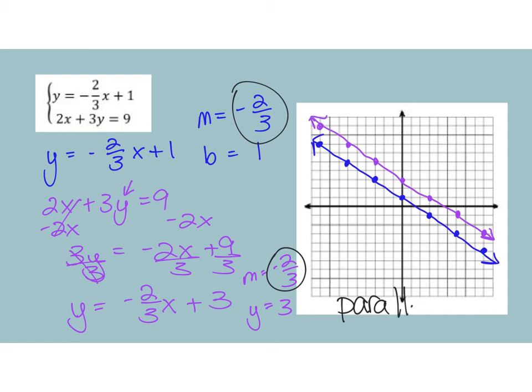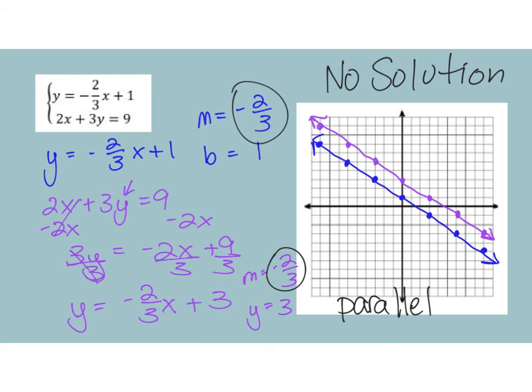Because they're parallel, this would mean that there are no solutions because they don't intersect at all. Remember, the definition of two parallel lines is that they are two lines that extend in both directions that will never intersect.